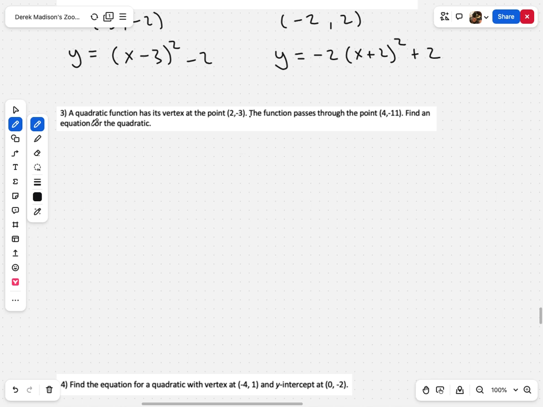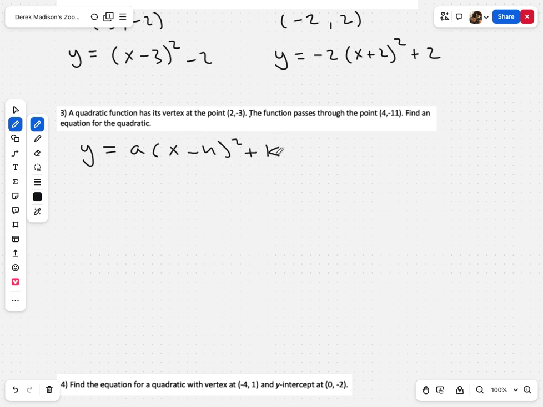This one: a quadratic function has its vertex at the point (2, negative 3) and passes through the point (4, negative 11). Find an equation for the quadratic. Okay, so let me write out our vertex form. y equals a(x minus h) squared plus k.